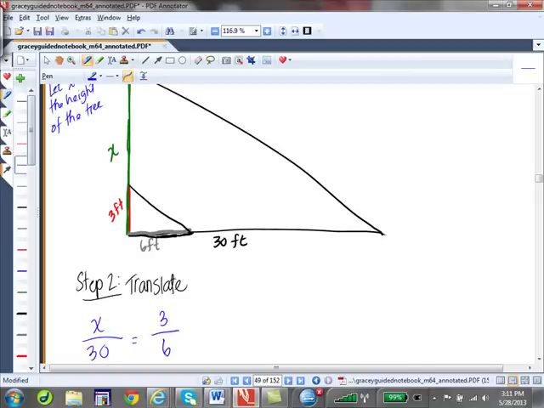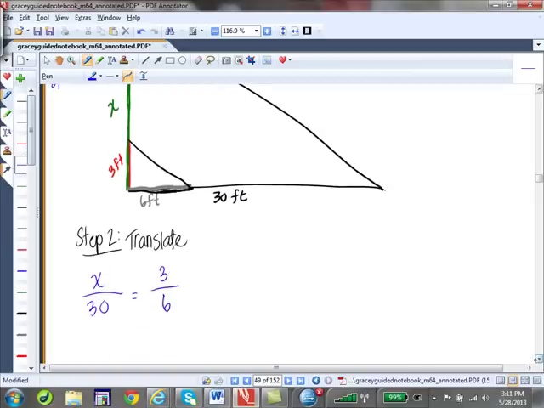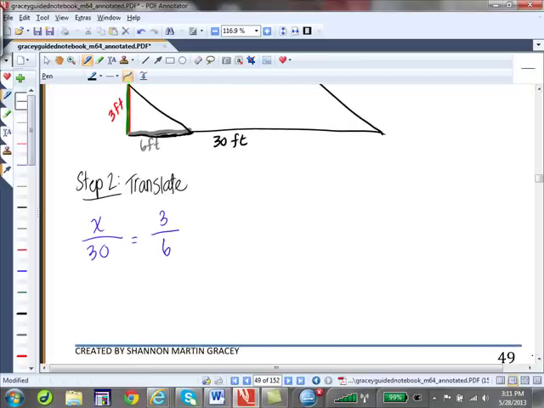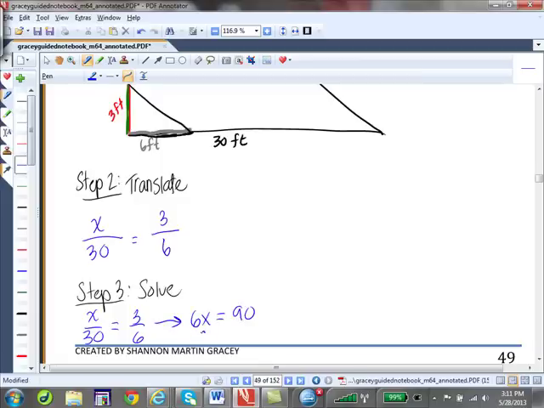And then we can cross multiply when we solve. So that'll be our third step, is to solve. So we had x over 30 equals 3 over 6. So cross multiplying, do you see we would get 6x is equal to 90, and x is equal to 15.